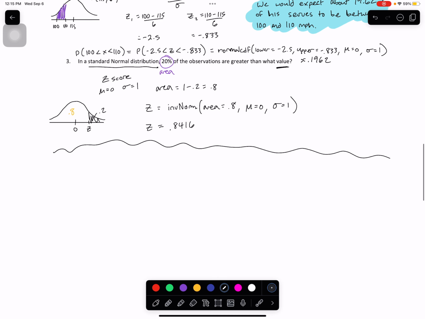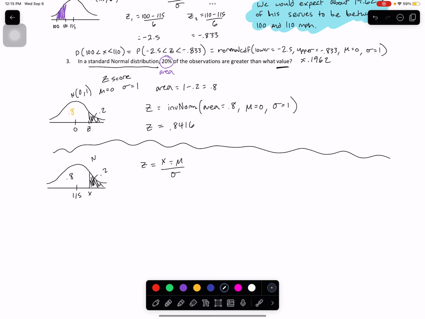Once I have the z-score, so instead if I was looking at this, where my mean is 115 like we've been using, and I'm looking for this x value, the areas are still the same no matter what. So I can use the z-score formula and just work backwards a little bit. So I already have the z-score because I just found it. So I just replace the things I know.